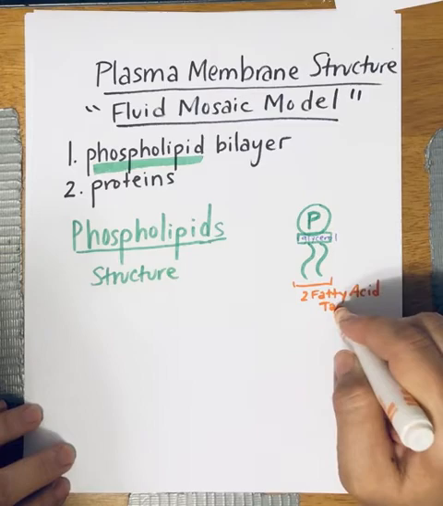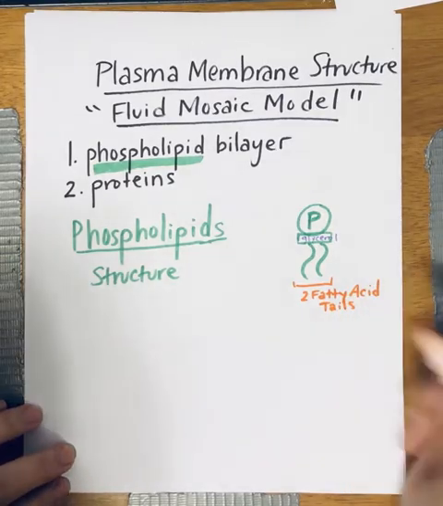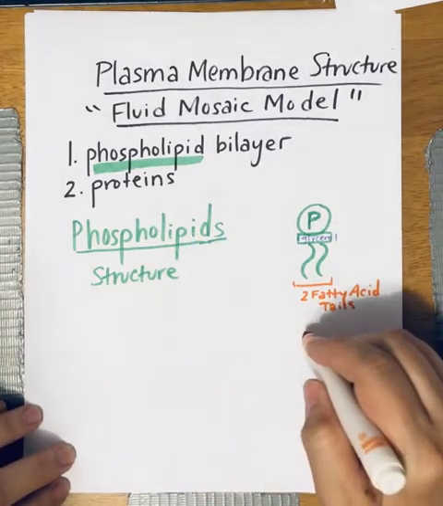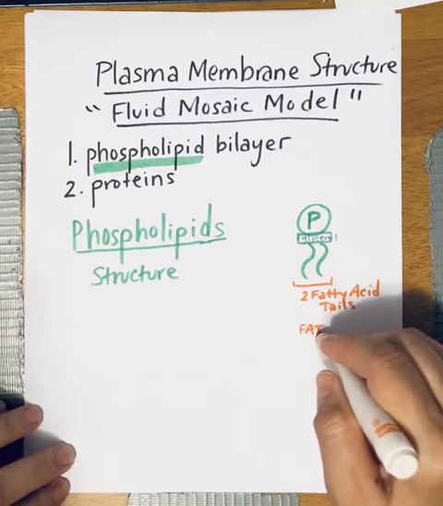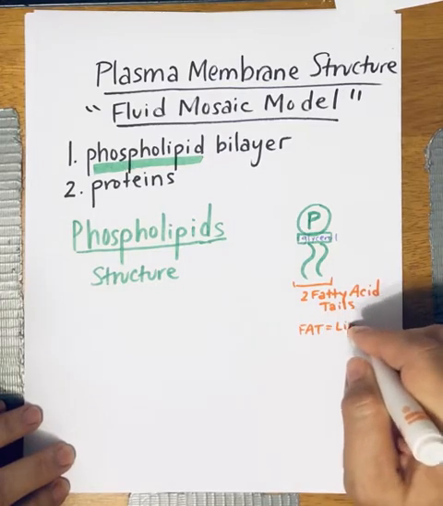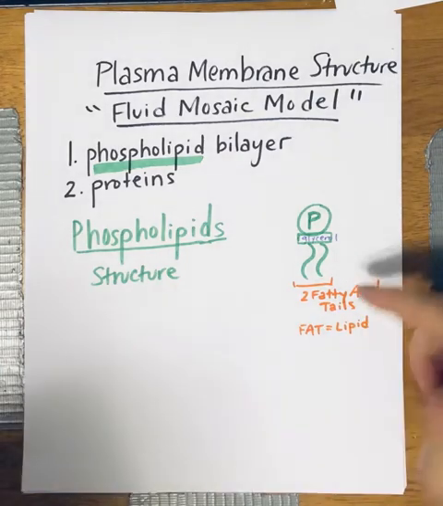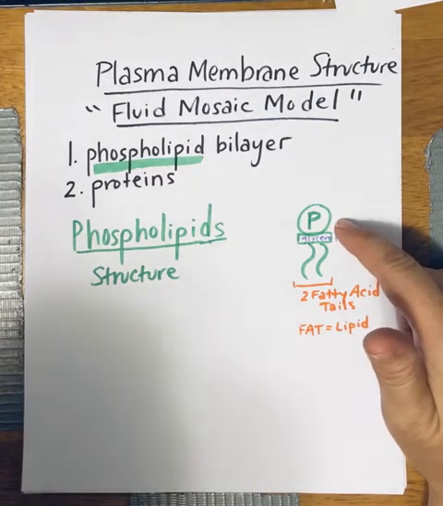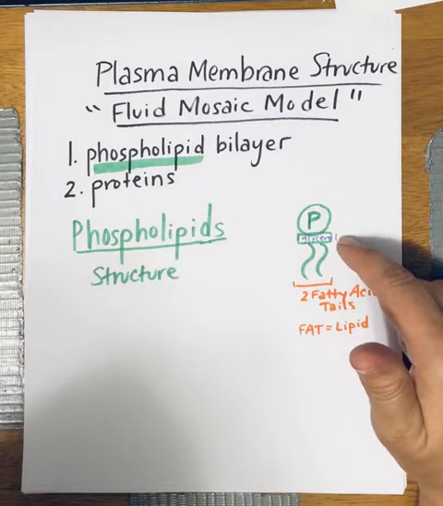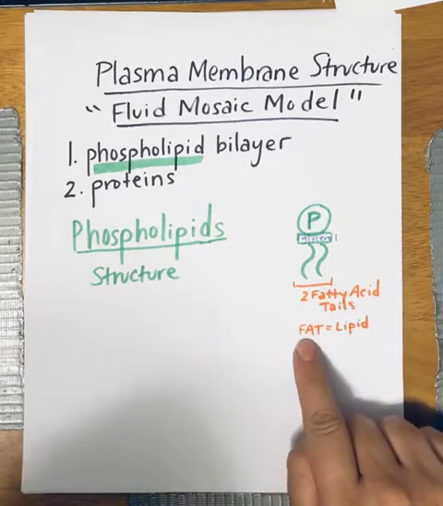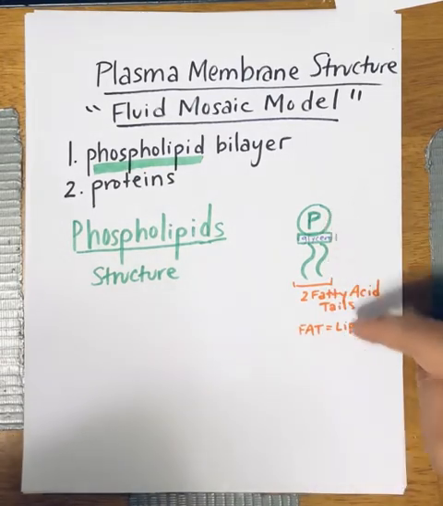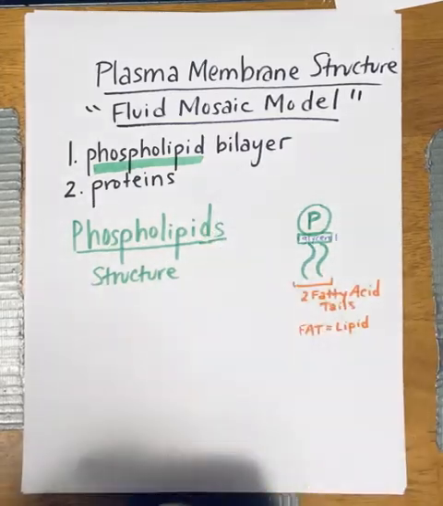Now, the word fat literally translates into the word lipid. So when you look at this structure, it's a phosphate head, glycerol, and 2 fatty acid tails. But when you say fat, that's lipid. So phosphate plus lipid is a phospholipid.